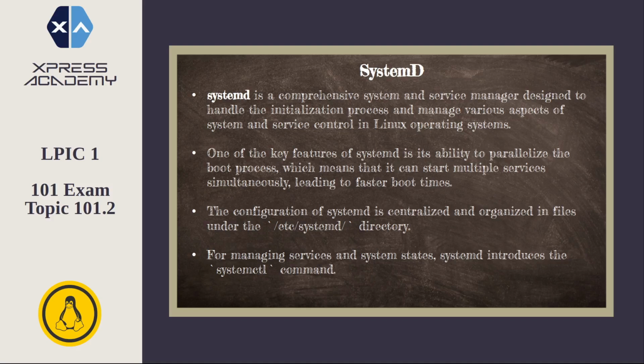This integration enables systemd to have better control and monitoring capability over system resources. Another noteworthy feature is socket activation, where systemd allows services to be started on demand when a connection is made to a specific socket. This feature enhances resource efficiency by starting services only when needed.